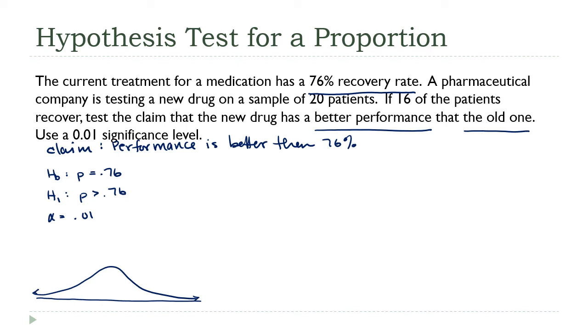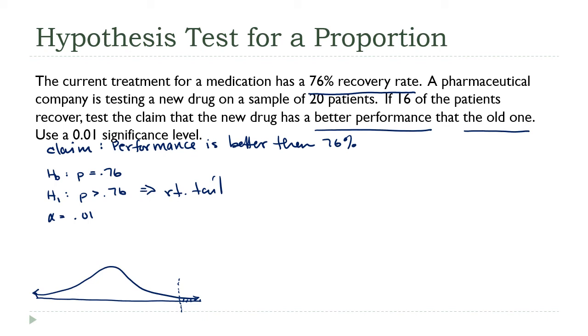Right, we're doing a single tail test, right, because I have just one inequality here. And because I'm looking for greater than 0.76, I'm going to be doing a right-tailed test. Okay.